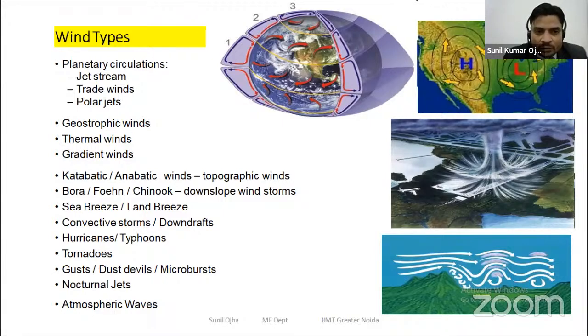Similarly, there are geostrophic winds, thermal winds, gradient winds, katabatic winds, which are topographic winds, bora winds, chinook, downslope wind storms, sea breeze, land breeze, convective storms, hurricanes, typhoons, tornadoes, gusts, dust devils, nocturnal jets, and atmospheric waves. So these are the different types of wind we know.